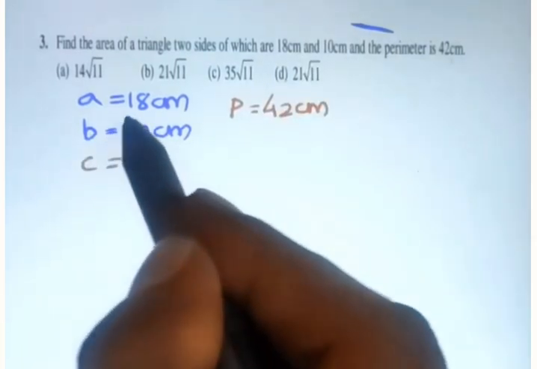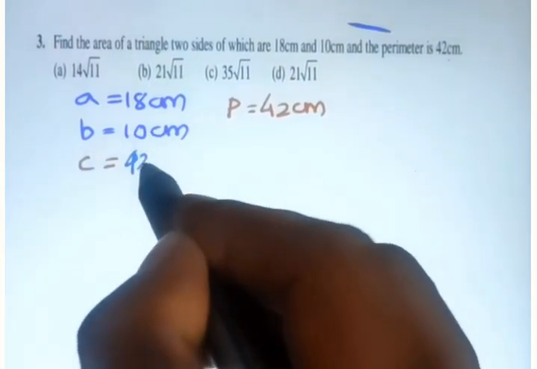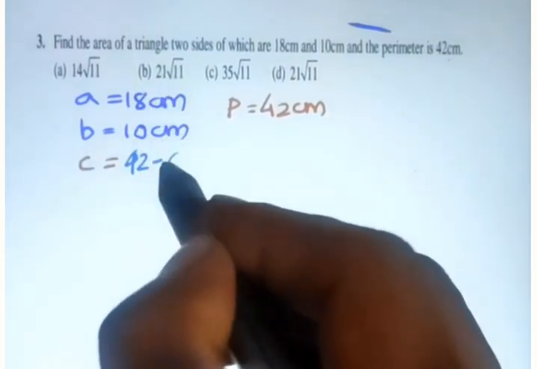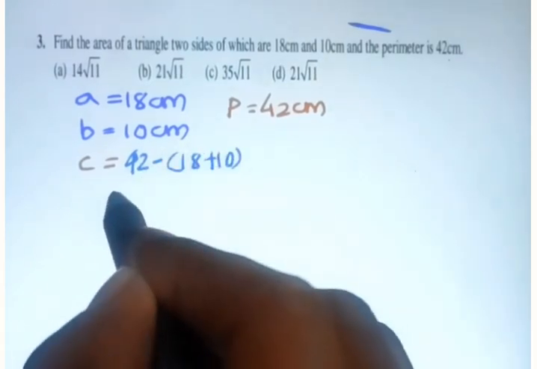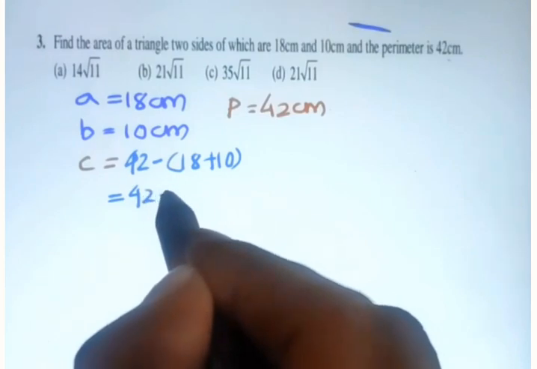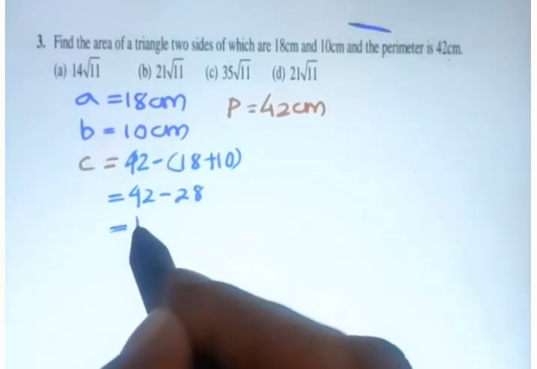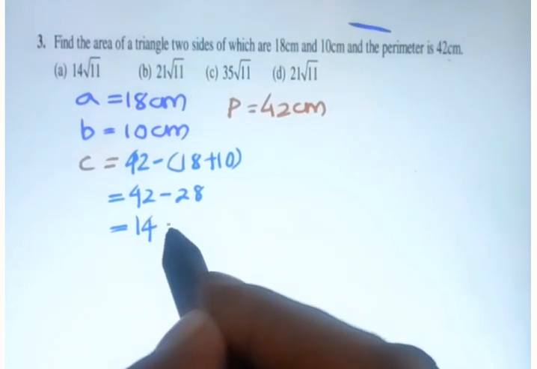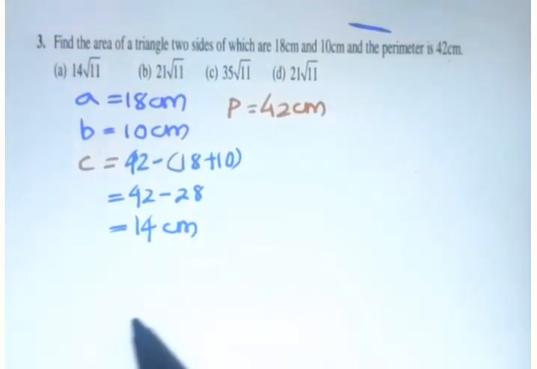Here the third side is not given, so let's find out the third side at first. So it will be 42, the perimeter, minus the sum of these two sides, that is 18 plus 10. This will be 42 minus 28. This gives us 14. The third side is now 14 cm.